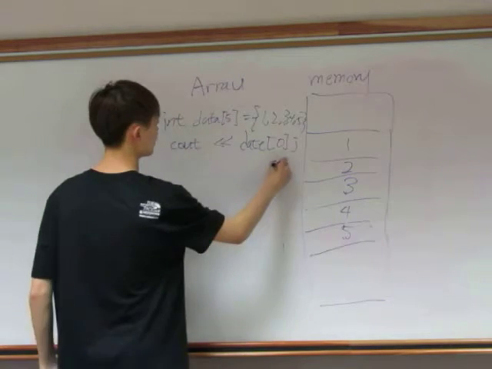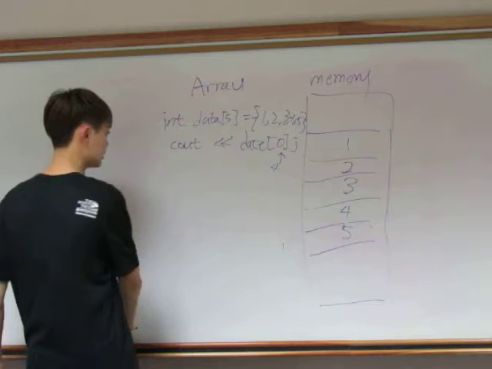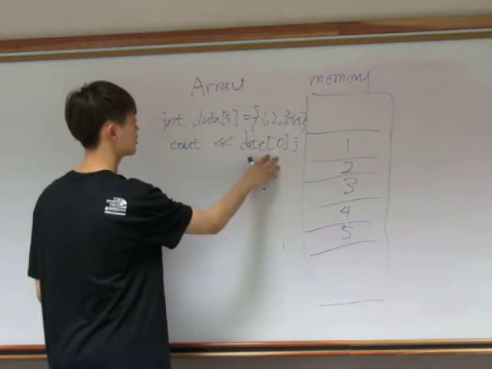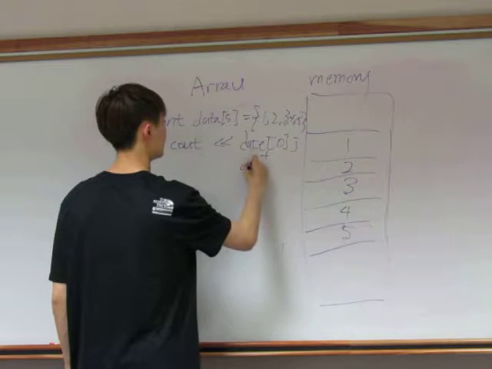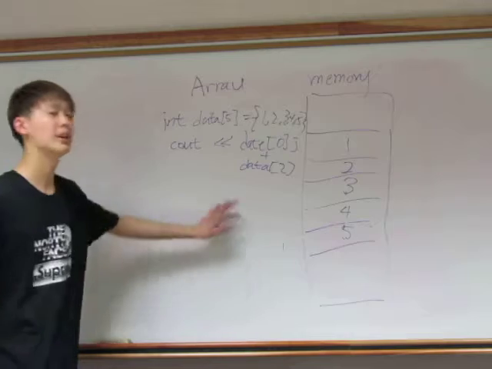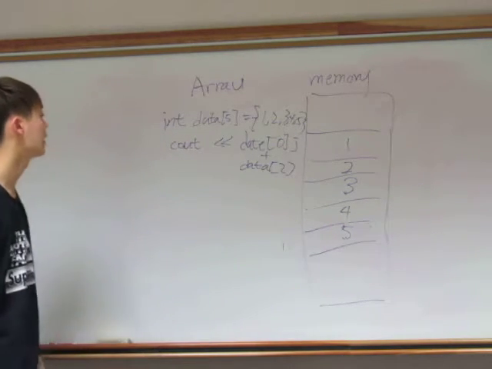If you do 4, it would print out the last element. You could also cout data[0] plus data[2]. That would print out 1 plus the third element, 1 plus 4, which is 5.